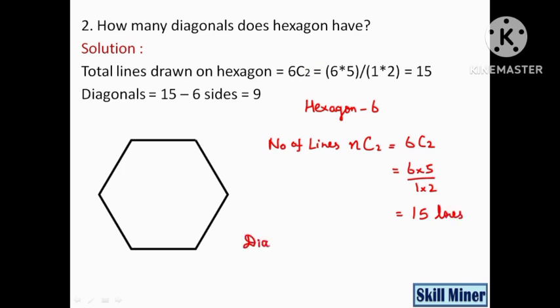So diagonals will be 15 minus 6 sides, which gives me the value 9. So there are 9 diagonals in a hexagon. Okay, now I am drawing those diagonals.